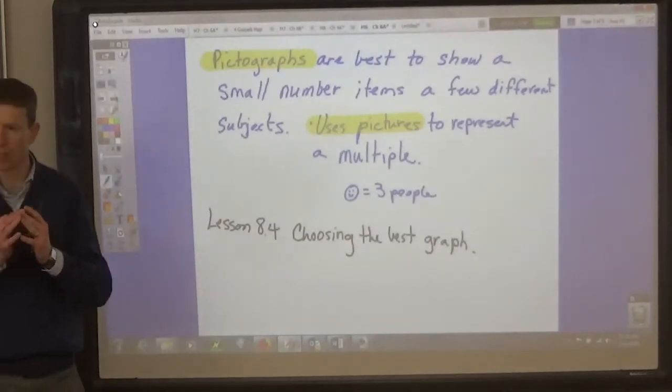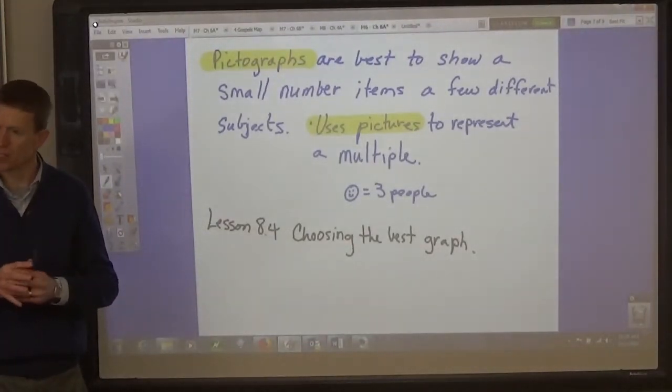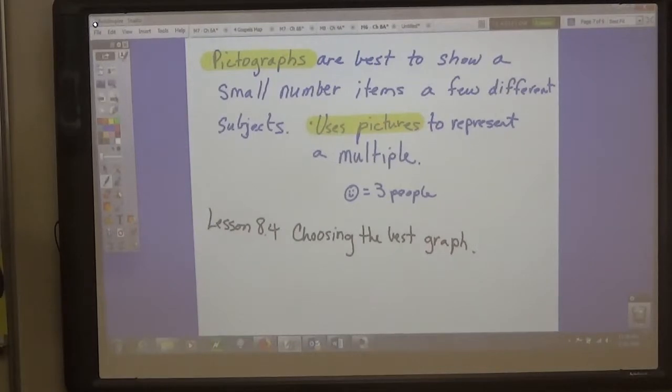Which one would show comparisons and trends over time? The histogram, exactly. All right, so in this lesson, you're going to be making decisions about which type of graph would be best and what that graph is trying to show.